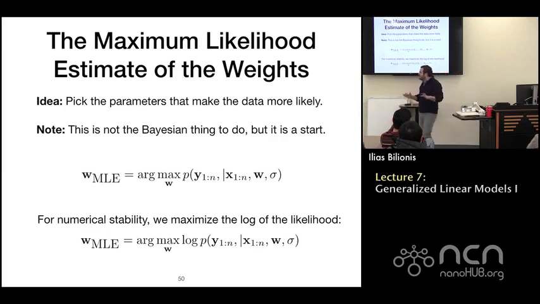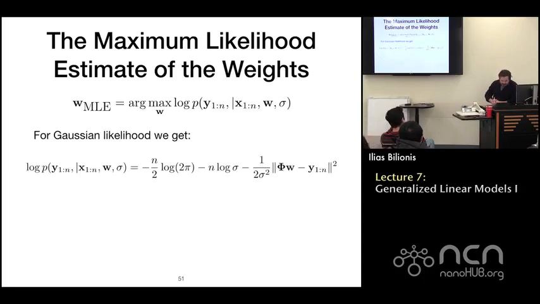This is only for numerical reasons, and this is something that you need to keep in mind, because the likelihood may have values of 10 to the minus 6, or even smaller than that. So you don't want to have to deal with these numbers. Anyway, for generalized linear model, Gaussian likelihood, the log of the likelihood looks like that.